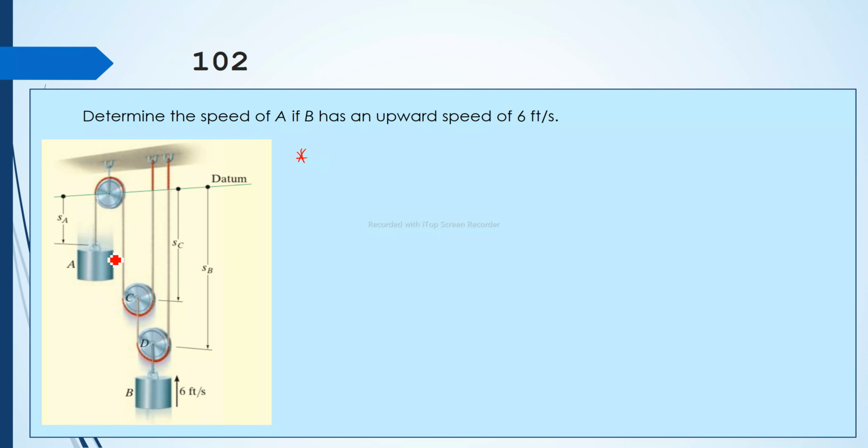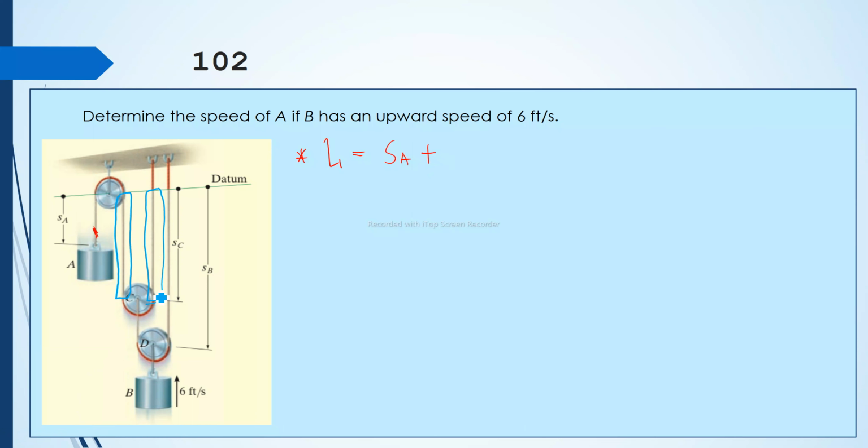So let's say this chord here will be our length 1. So the length of the first chord is equal to the length SA, plus the length of this one, and also this one.